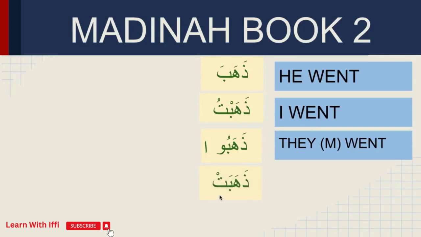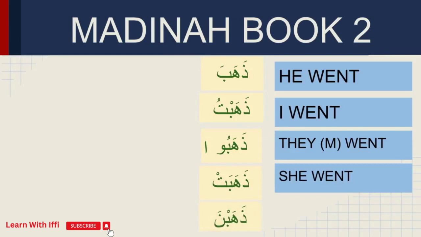And dhahabat, again this ta is not a fa'il because we have the full proper verb dhahaba here. This ta just represents ta tanis, feminine. We can look for the fa'il. It can be mawjud. If it is not, then it is mustatir. How do we translate it? She went.